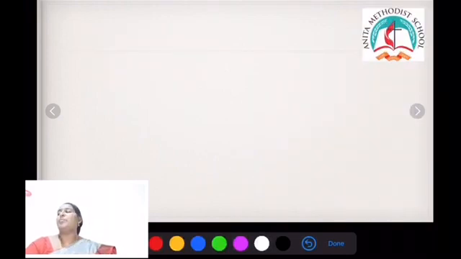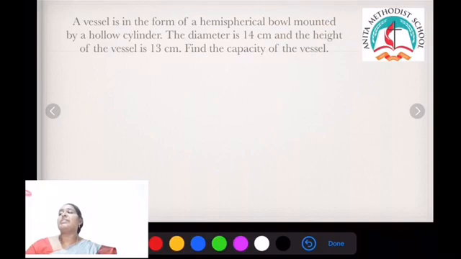Now open the book, exercise 7.3, the first problem. Can anyone read this problem? Try. A vessel is in the form of a hemispherical bowl mounted by a hollow cylinder. The diameter is 14 centimeter and the height of the vessel is 13 centimeter. Find the capacity of the vessel. Listen very carefully children.